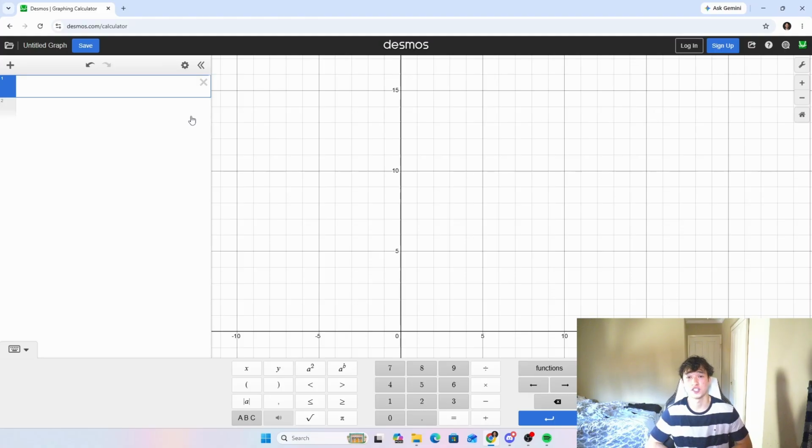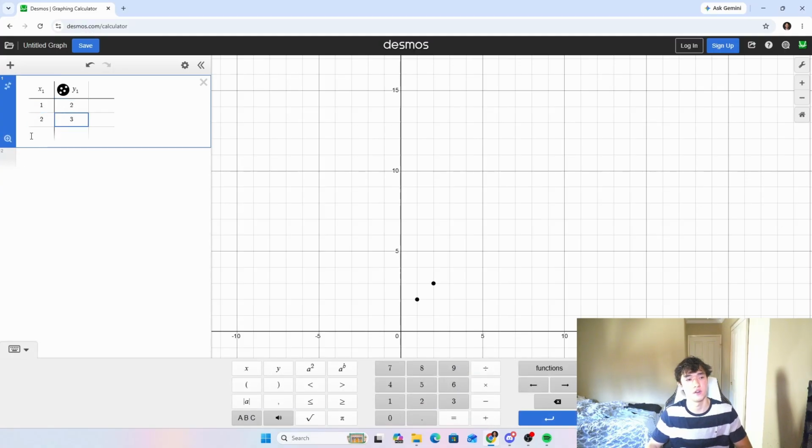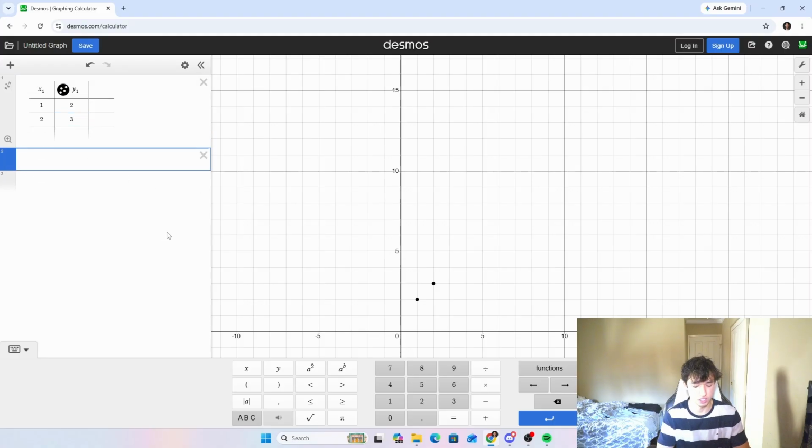Okay, now for regressions, they are actually pretty simple. So again, we could use the table again, but instead of adding the regression, we actually just do this. So y1, it has to be y1 because this is y1.